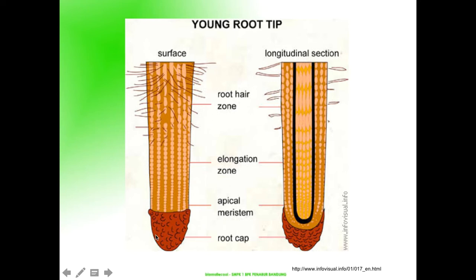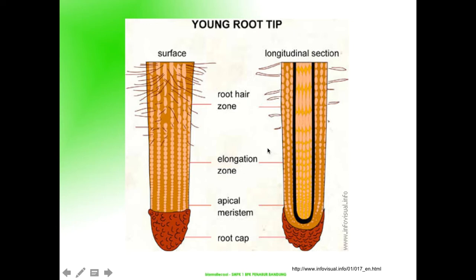And then at the end we see also the root cap. The root cap will protect the root tip, so that when it penetrates the soil, it will be protected against friction or any mechanical damage.